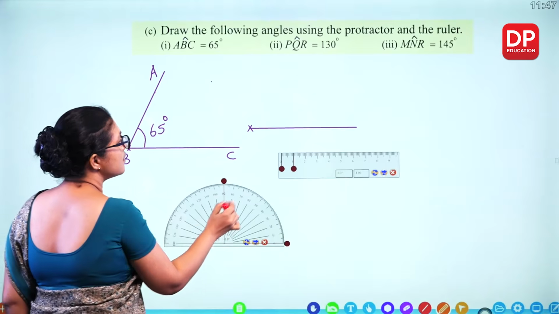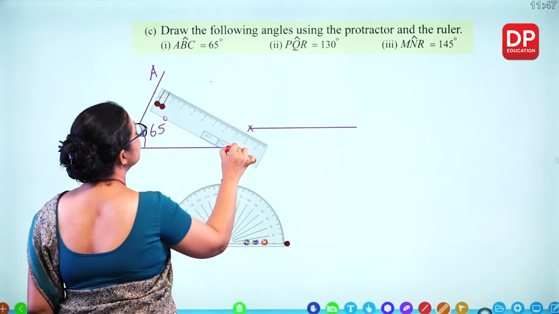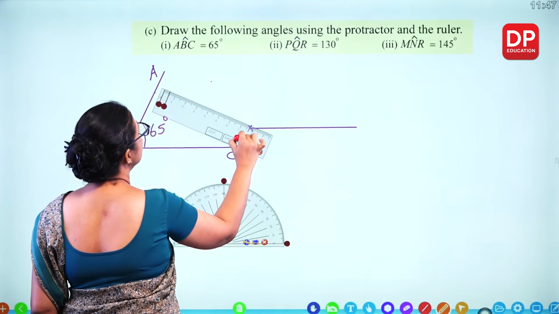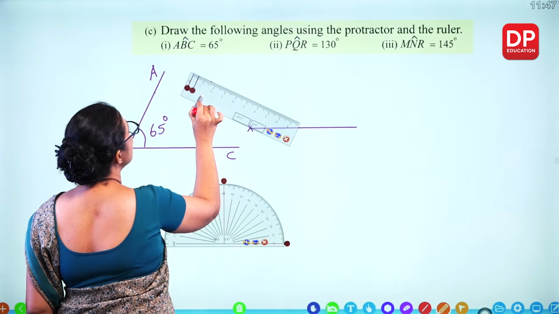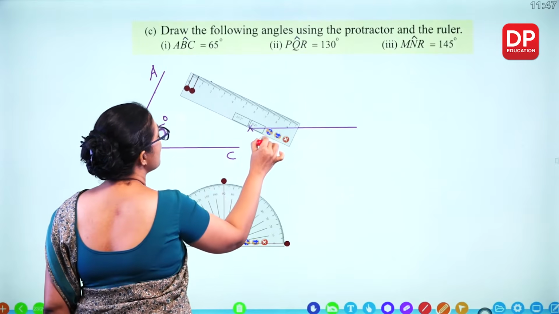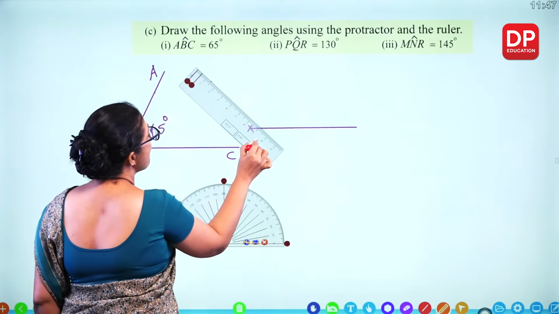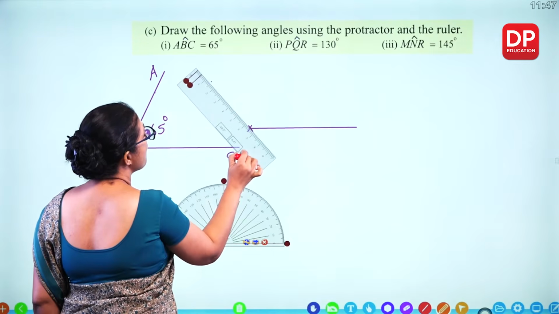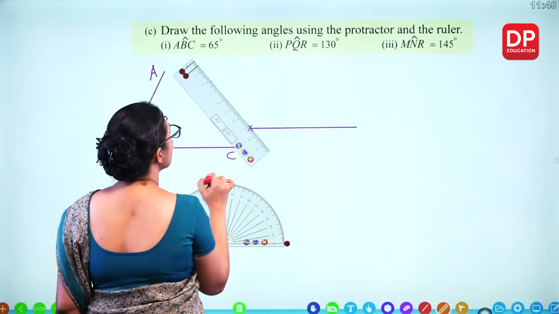Now you can take the ruler and connect it. Keep the ruler here, and we can rotate and get the other point here.